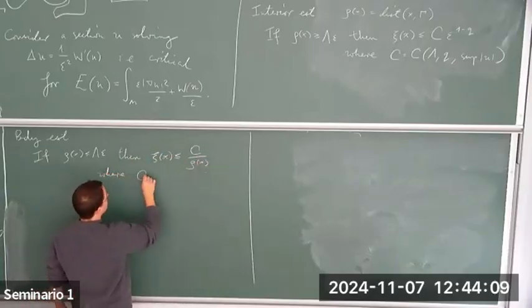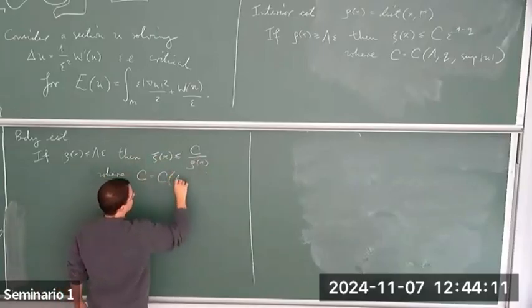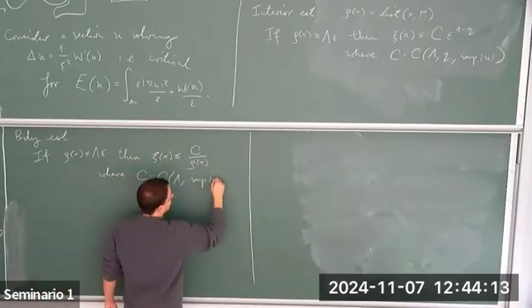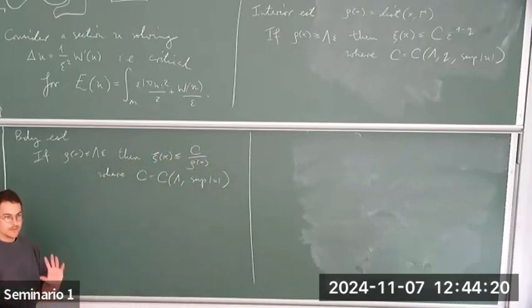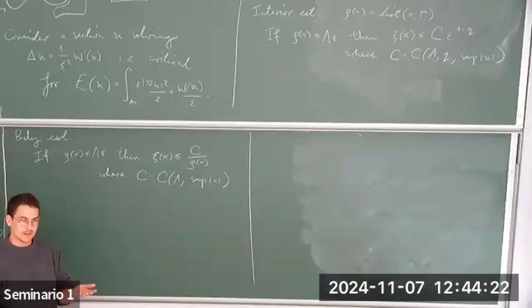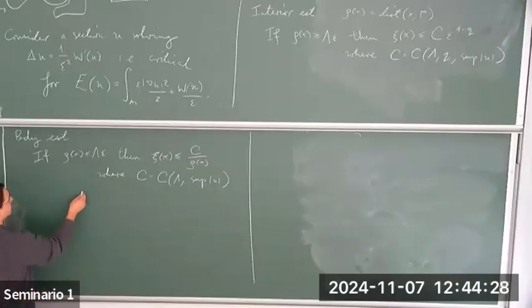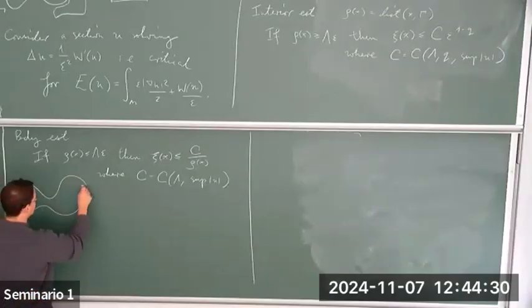And now c just depends on lambda and an upper bound for u. And yesterday I indicated how to prove this over a punctured ball in R2. And the proof here is very similar, uses very similar ideas.